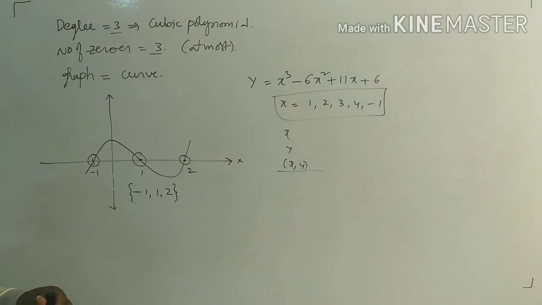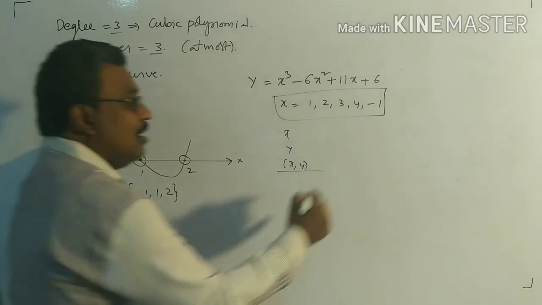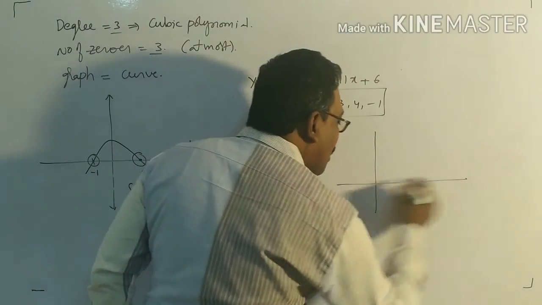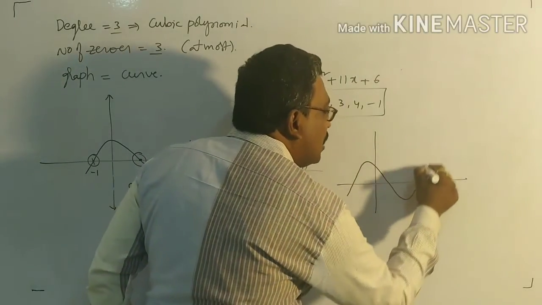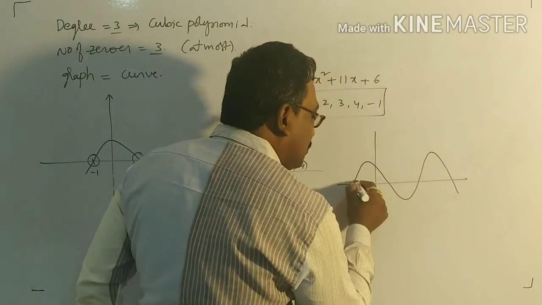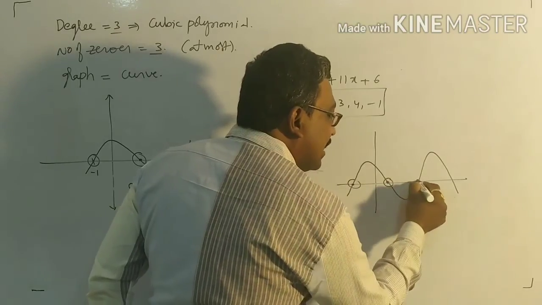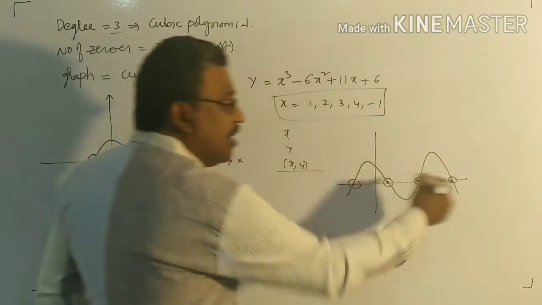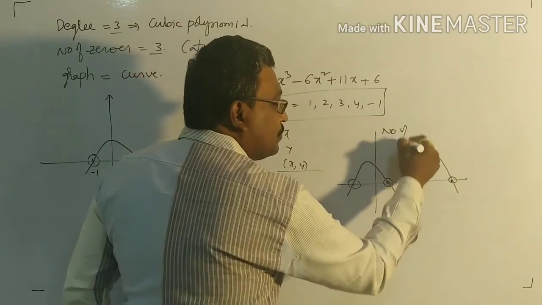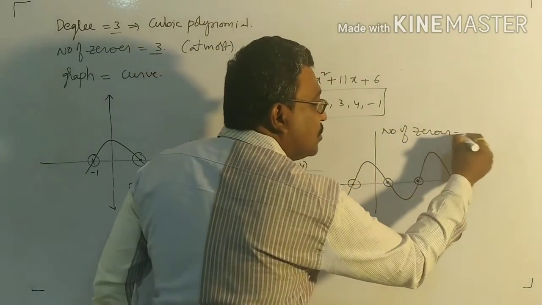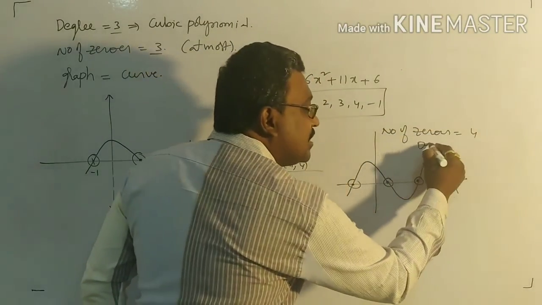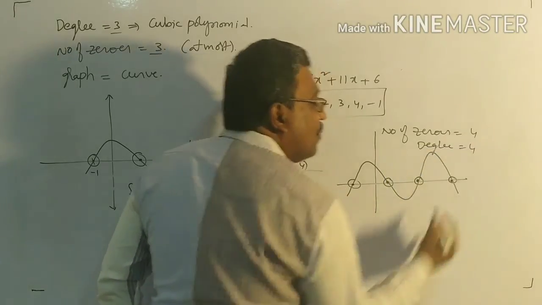Okay, if it is a fourth order polynomial, that is a biquadratic polynomial, then the graph intersects 1, 2, 3, 4, at 4 points. Number of zeros is 4, so degree is 4. What is the polynomial?